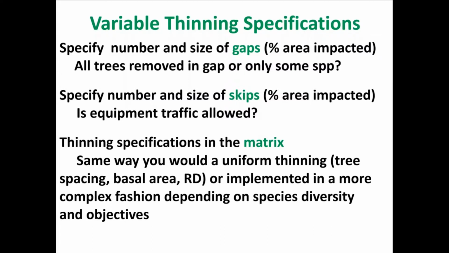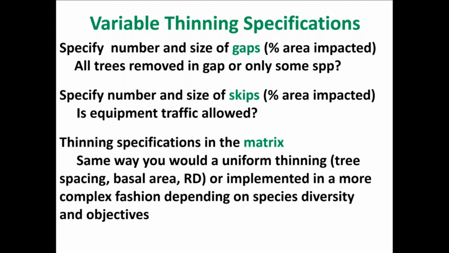But with variable thinning, you're going to have some additional types of specifications. If you're having gaps, you're going to specify the number and the size of the gaps, what percentage of the area is going to be impacted. Are you going to remove all trees in the gap or only some species? What's going to be the size and number of the skips? Are you going to allow equipment traffic?